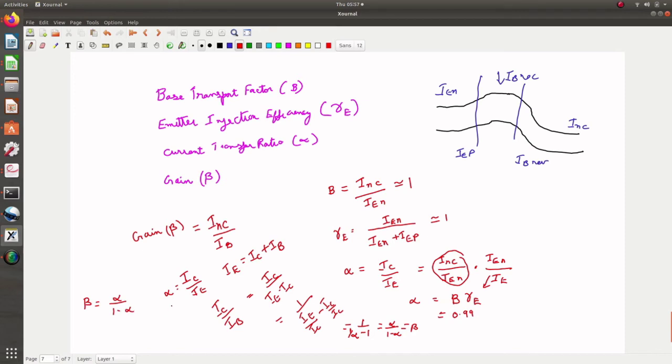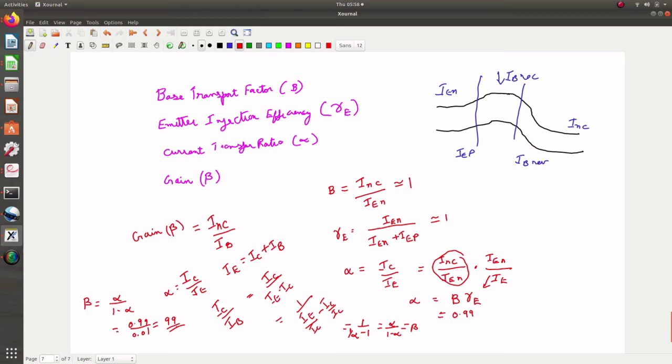The ideal value of alpha is 0.99 or nearer to 1. So this becomes 0.99 divided by 0.01, which gives us the value 99, which is a high value. So in the ideal case, the gain of the amplifier will be high.